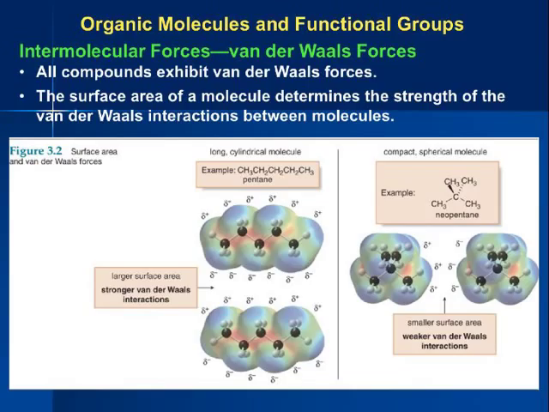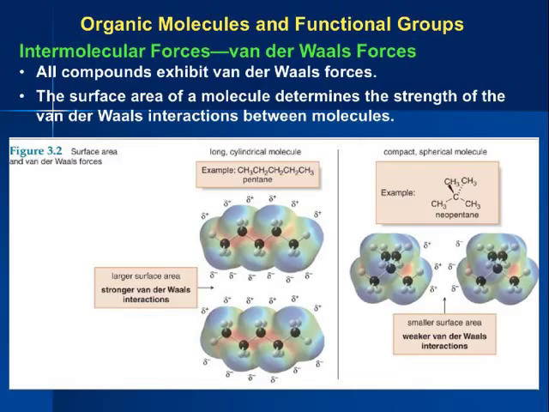Okay? Neopentane, do you think is going to be higher or lower than that? Higher. Weaker because of the smaller surface area. All right. They have a smaller surface area, so are we going to have more molecules interacting or fewer molecules? Fewer, right? And so if I have fewer, that's going to be weaker overall, and that means my boiling point is going to go up or down? Down. That's right. And so the same number of carbons, the same number of hydrogens, but a lower boiling point.